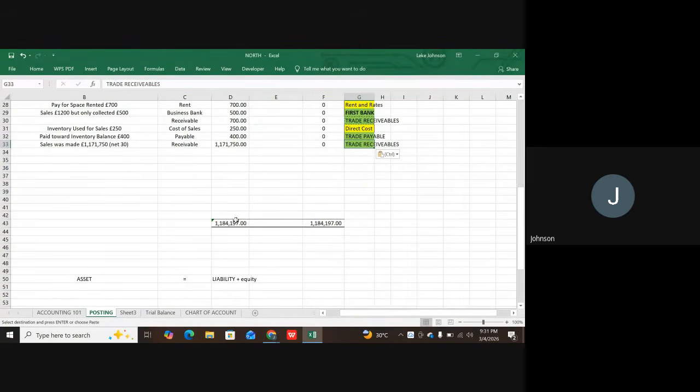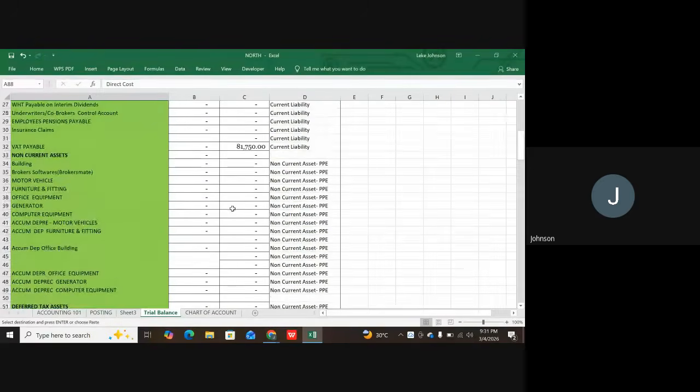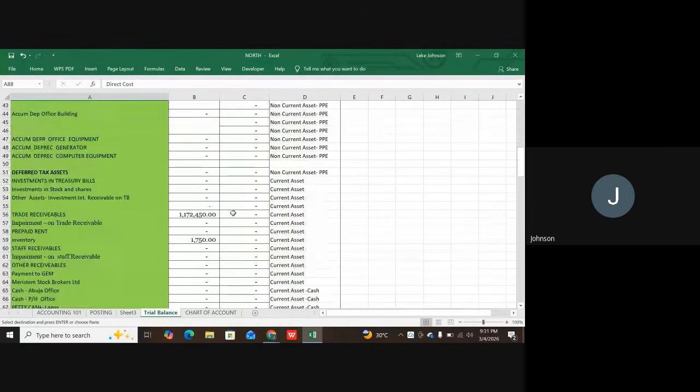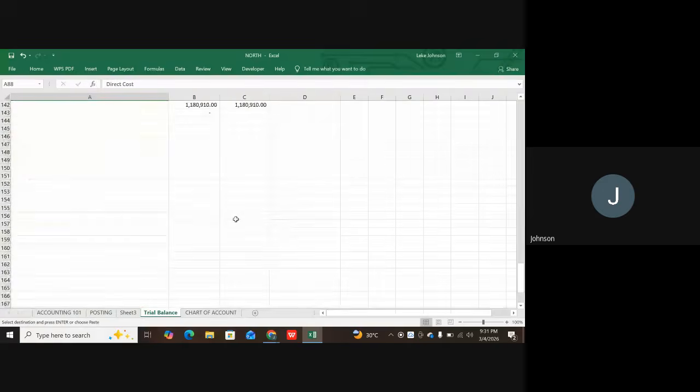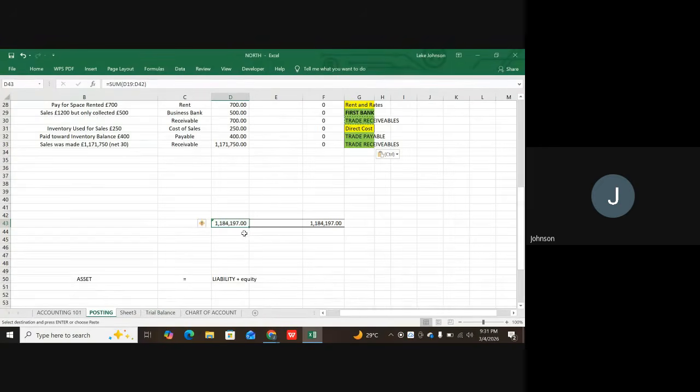Then over here, our posting actually balanced. Then under our trial balance as well, if you check it, you go to the bottom, you're also going to see that our posting also actually balances. Look at it here, our posting balance, and here also our posting balance. So that is how to go.